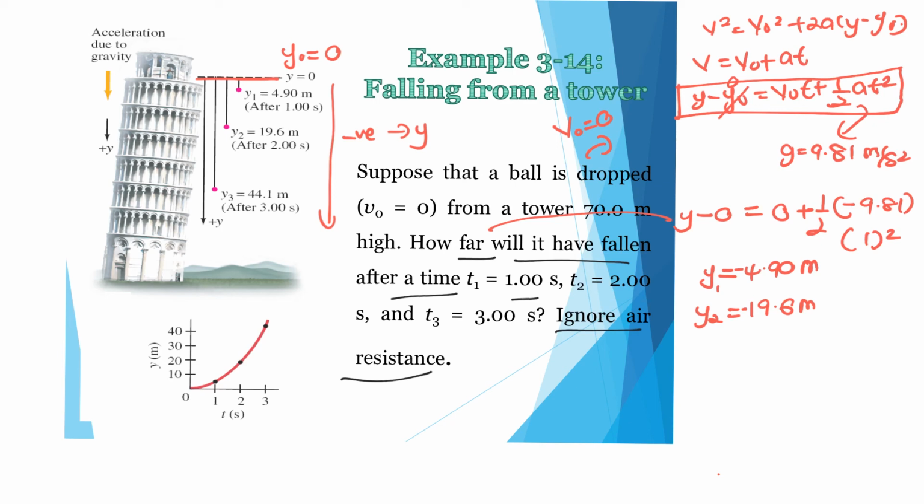So now I get a negative answer here, and my y3, I also get negative, which is 44.1 meters. That's how you do it. Just be extra careful with the sign and make sure that you choose your reference point first before you start your calculations.